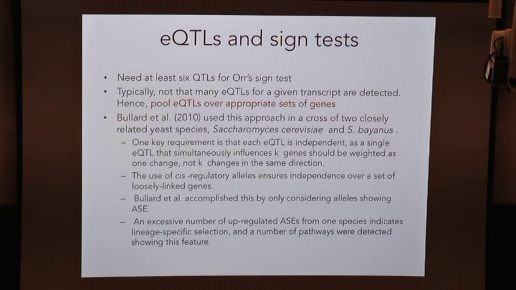Since they map in cis, they can only apply locally. When they did this, and they used allele-specific expression to get that, they noticed an excessive number of upregulated alleles, or allele-specific expression, one relative to another. So they actually found evidence then, the sign test gave you a significant departure from neutrality.